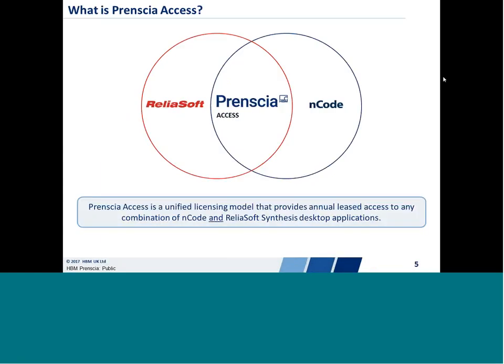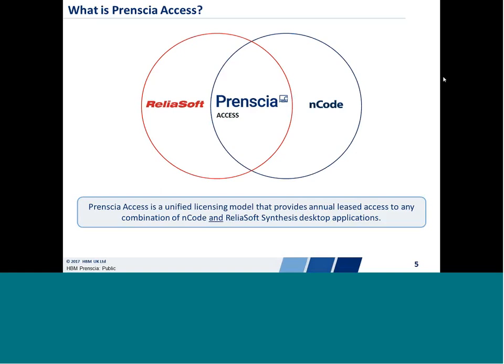Before we go too far down the conceptual and tool route, I want to talk first about Prenscia Access. So Prenscia is our software brand that incorporates both Reliasoft tools for reliability analysis and ENCODE tools for durability and vibration analysis. The intersection of these two is a licensing model that we call Prenscia Access that many of you have access to.